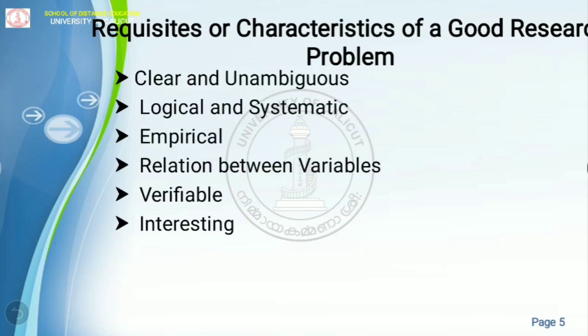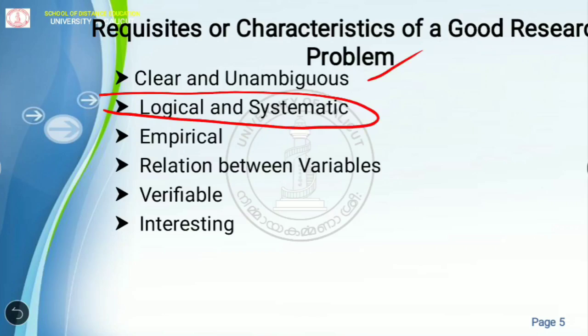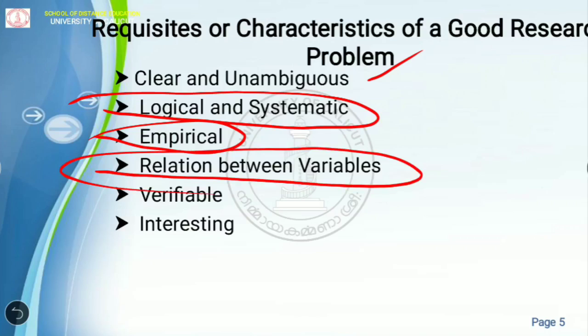The research problem or topic must be clear and unambiguous. It should be clear what I am going to do. Then it will be logical and systematic, and it will be empirically tested. It shows a relation between the variables, and it should be verifiable. As research, it should be systematic and verifiable, interesting to the researcher, and also useful to the society.